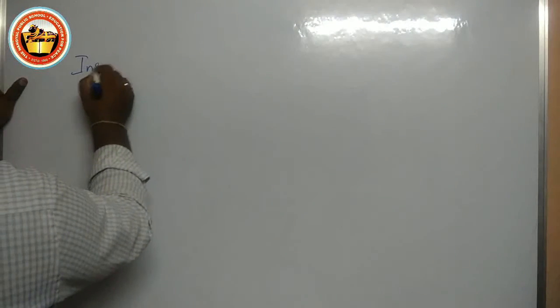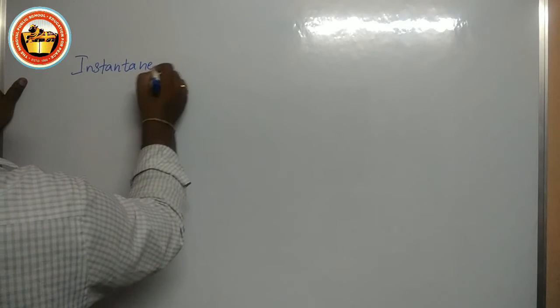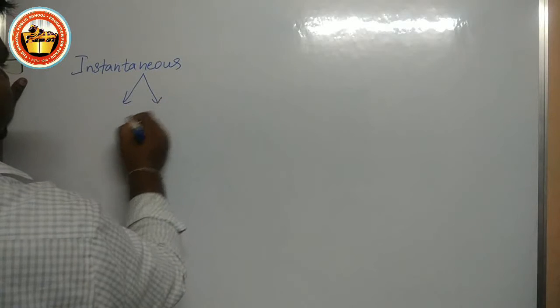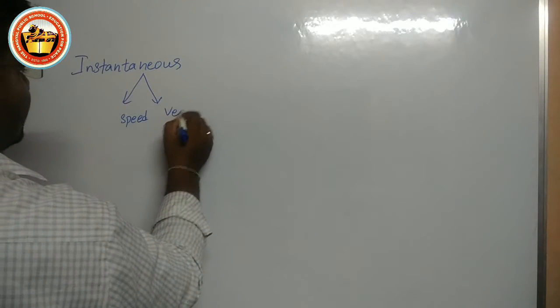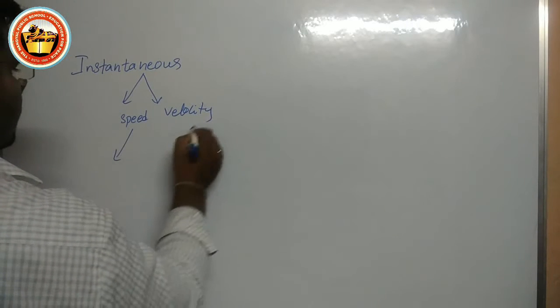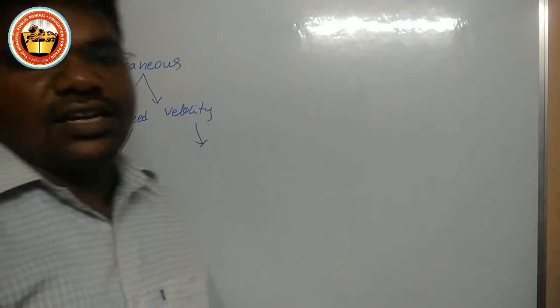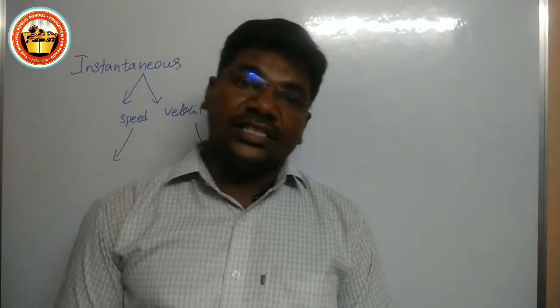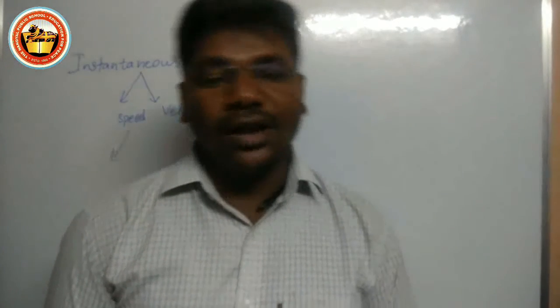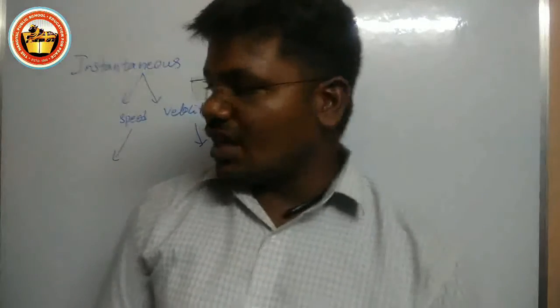Instantaneous speed and instantaneous velocity. Instantaneous speed is defined as the speed at an instant, the limit of the average speed as the time interval becomes infinitesimally small or approaches zero.